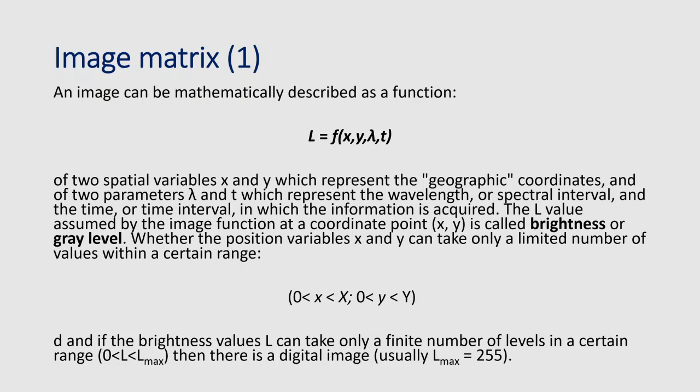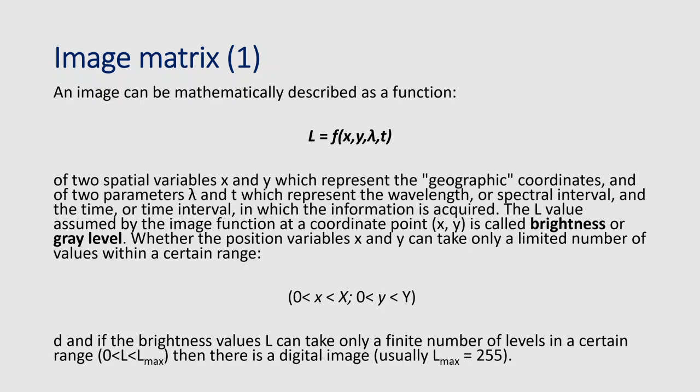And if the brightness value L can take only a finite number of levels in a certain range, between 0, theoretically, and the maximum brightness value, then there is a digital image.